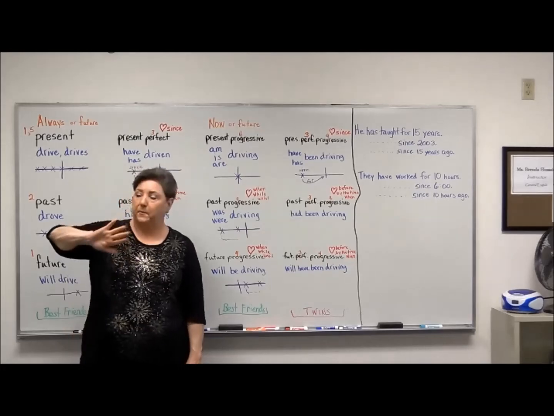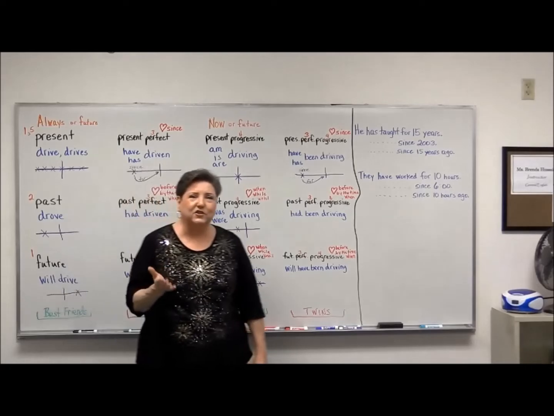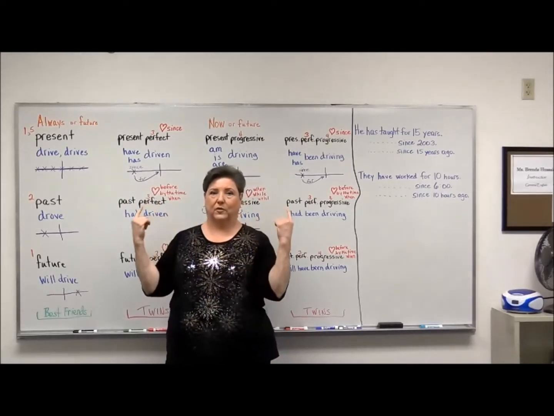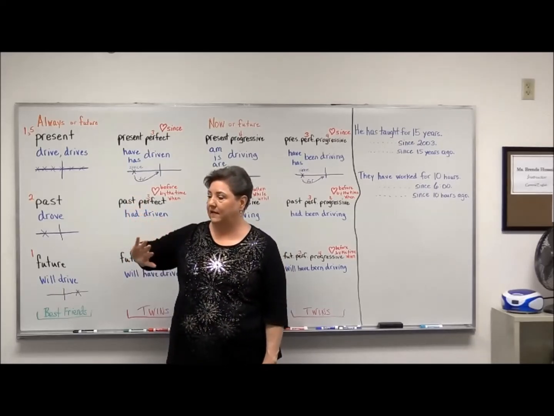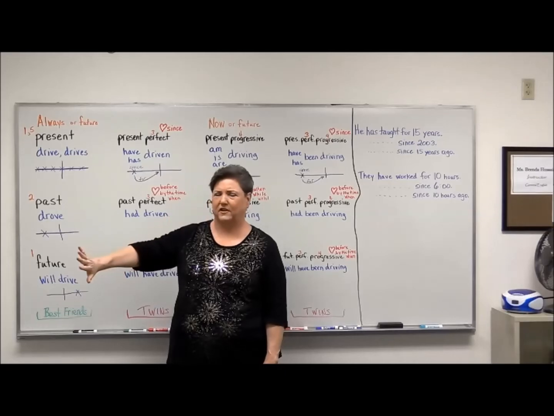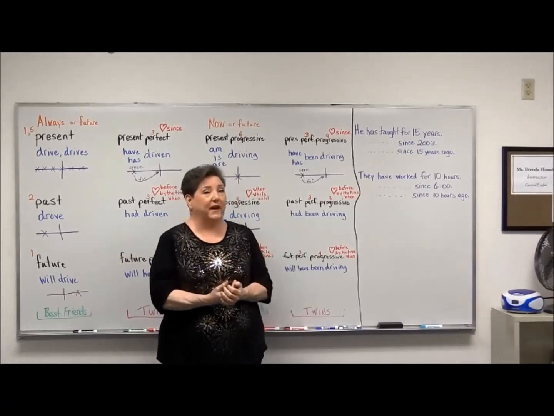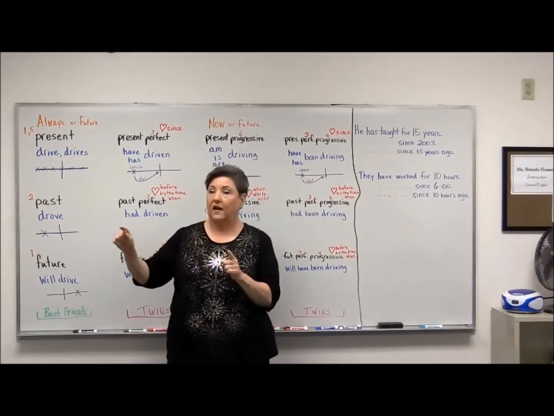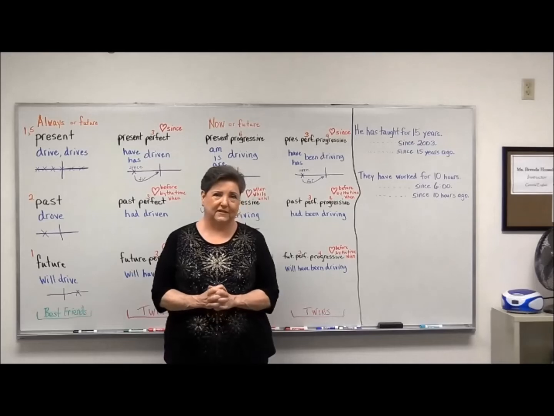Perfect means completed, finished, done. So I can actually say the exact same action 2 ways. When I say it in perfect, I'm focusing on this is finished, this is done work. When I'm saying the exact same action in progressive, I'm focusing on this is how long it took. This is time. And that's the difference between the tenses.